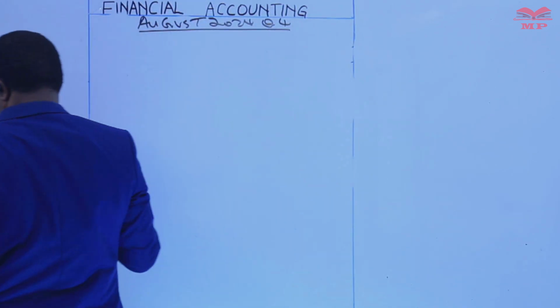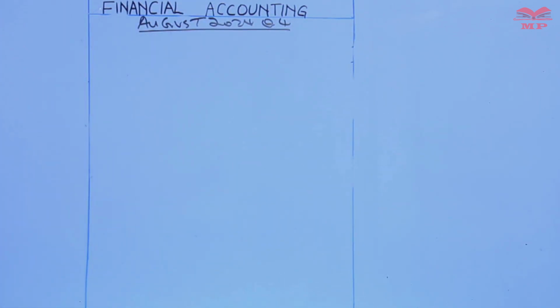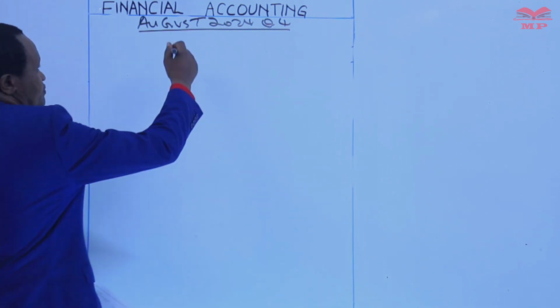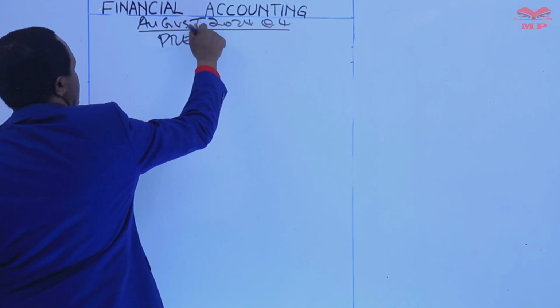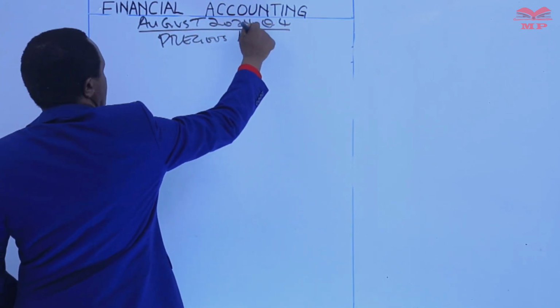You have to prepare the statement of cash flows for the year ended 31st March 2024. You have to first write the heading. The title is Precious Limited.